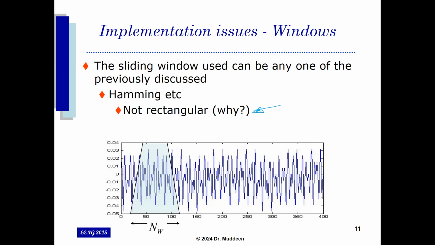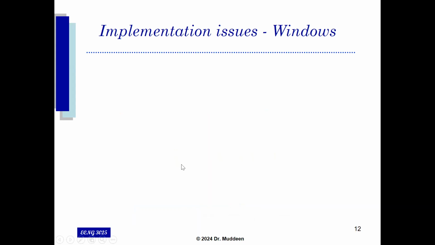There were some issues with the rectangular window that we don't want, so we try to avoid that at all costs, right? If you can't, well, then you work with the limitations. But basically, for the sliding window itself, we use any of the other windows that we've discussed. I put a funny shape on the window here just to show you it's not a triangular window, right?